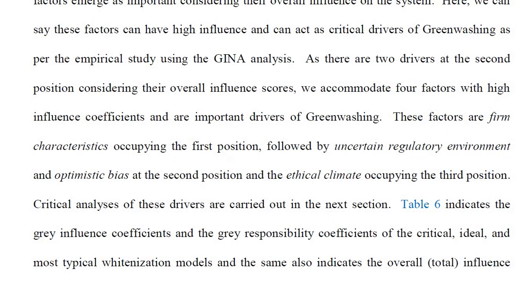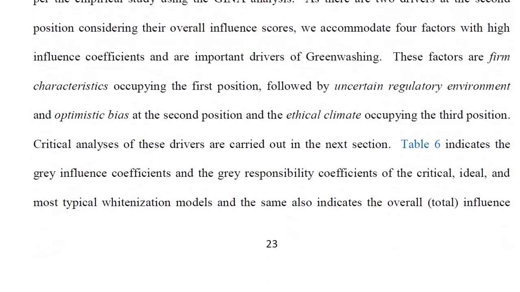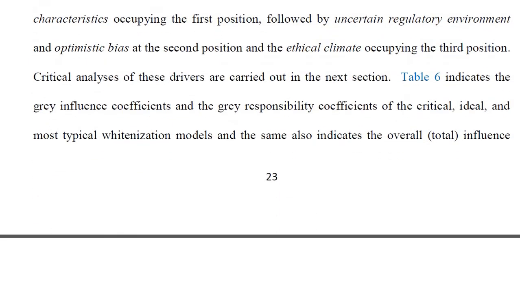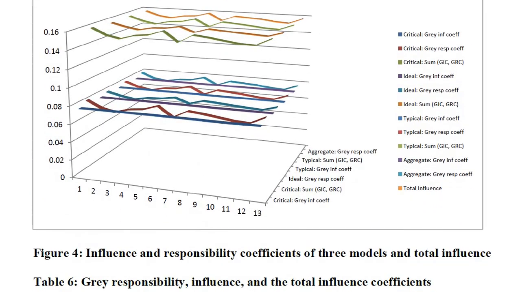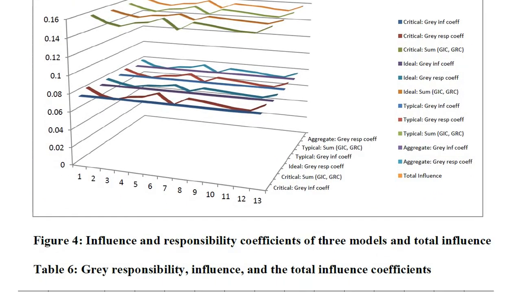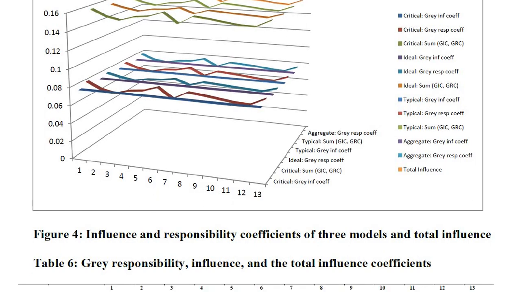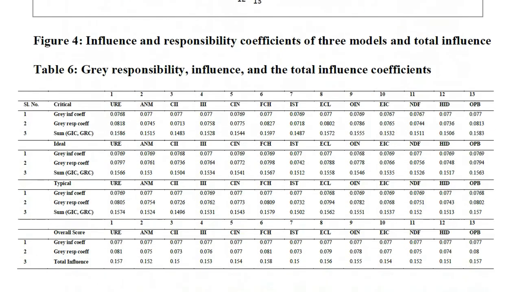So this is the result we got from the model, from the responses, and for the case study. These results we are indicating in a graph-type manner so that they will be more clearly visible, regarding the ideal, critical, and most typical values of the gray influence coefficient, gray responsibility coefficient, and the total influence.